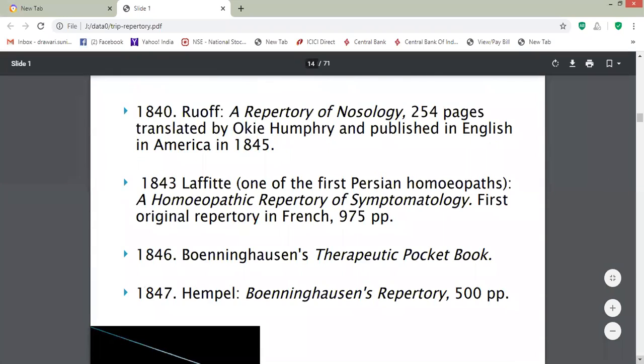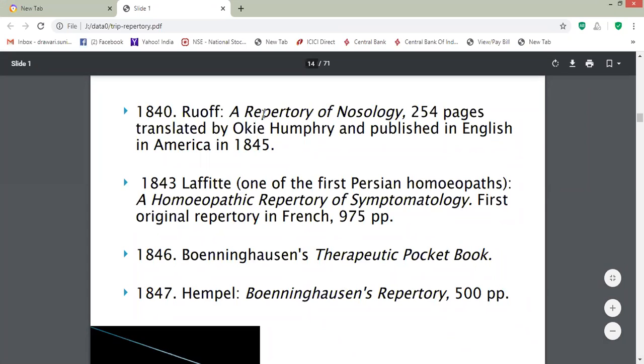In 1840, Ruoff's Repertory of Nosology, which has 254 pages and which was translated by Okie and Humphrey and published in English in America in 1845.